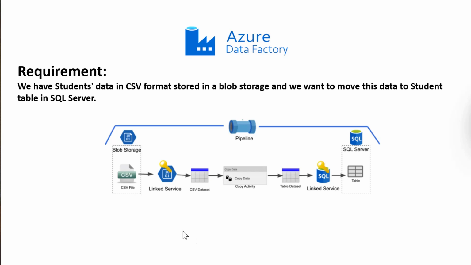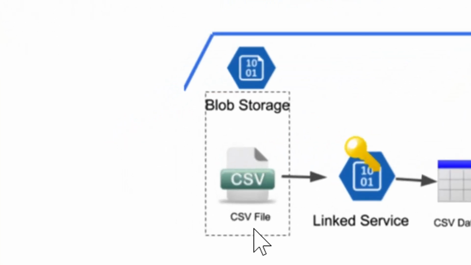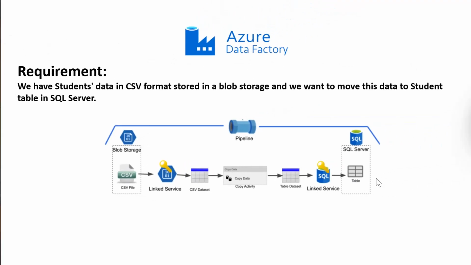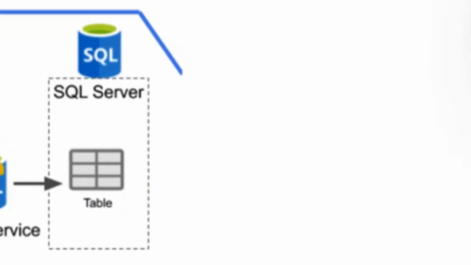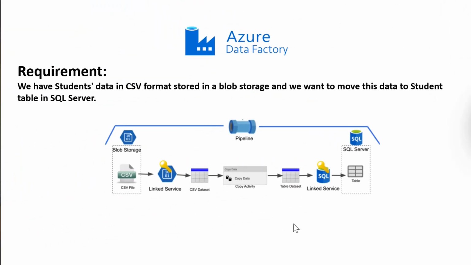Let's have a quick look at the diagram that we saw earlier. We set up our blob storage and CSV file, which was our data source. Also, we set up our SQL server and our table in the target. Now we go to ADF to create our data integration.